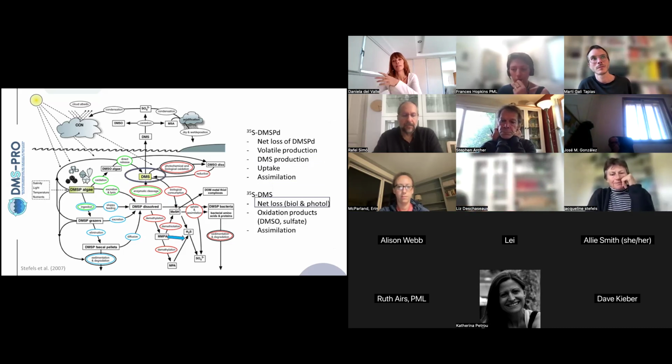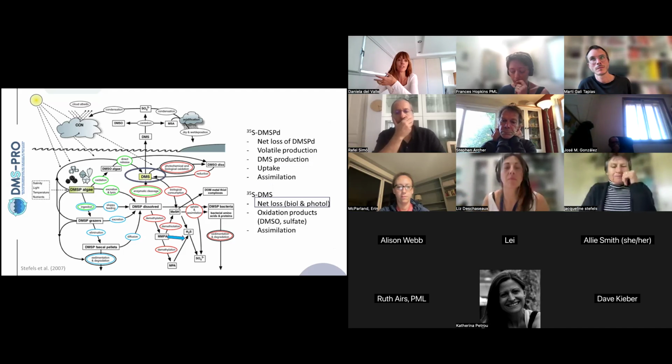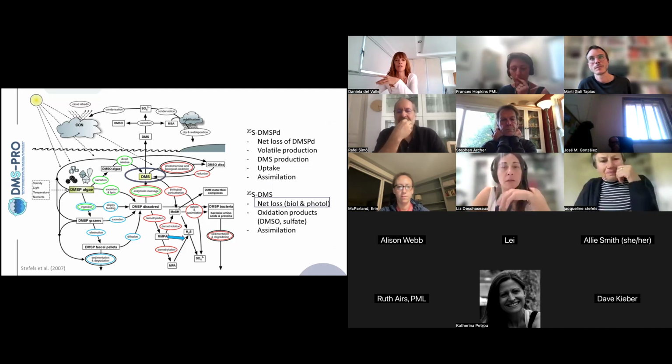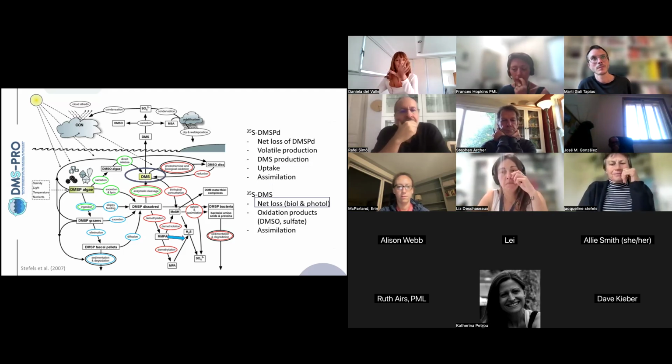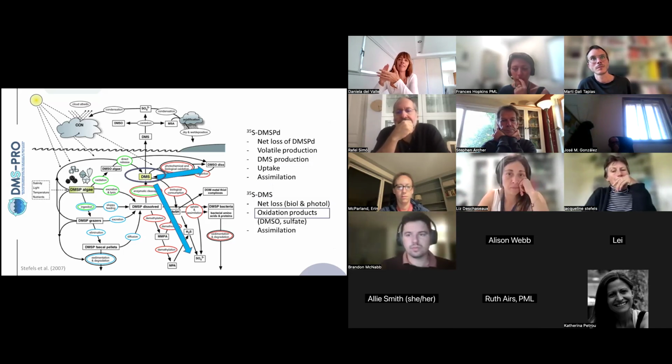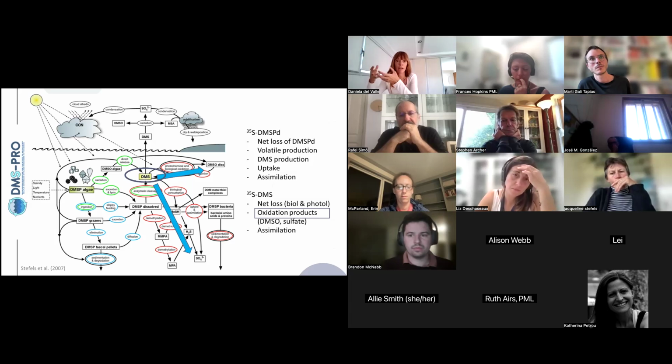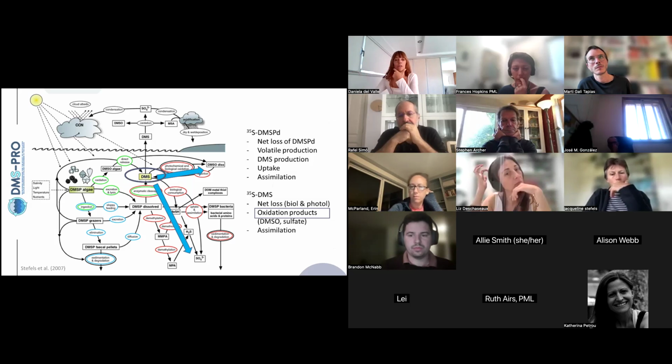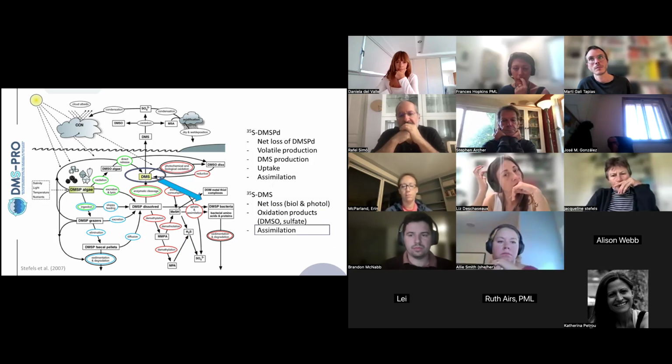And with radio-labeled DMS, same as with DMSP, we can measure the net losses of DMS, which would be all the arrows that are coming out of DMS. And we can also quantify the fraction of that DMS that is either partially oxidized to DMSO, so we can obtain DMSO production rates from DMS, or that it is completely oxidized all the way to sulfate.